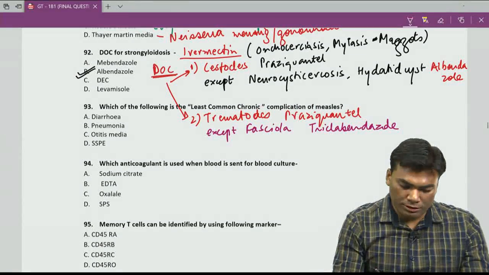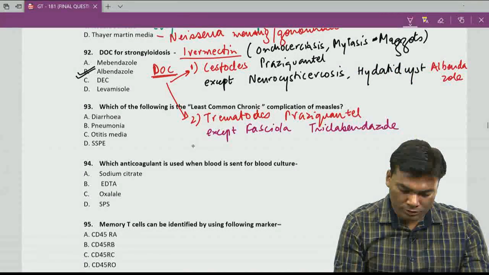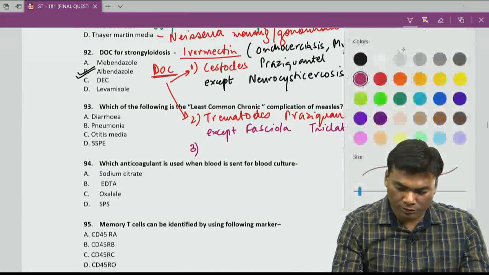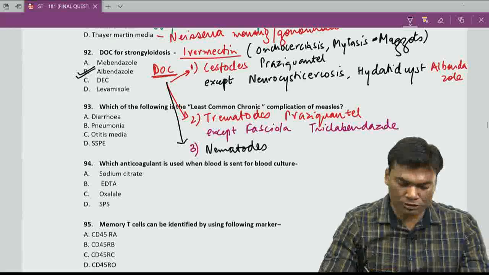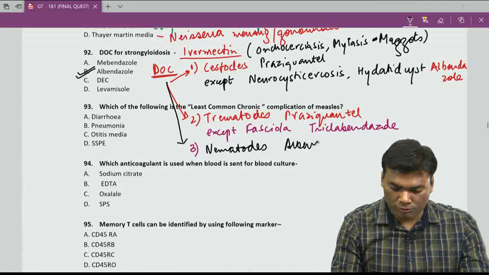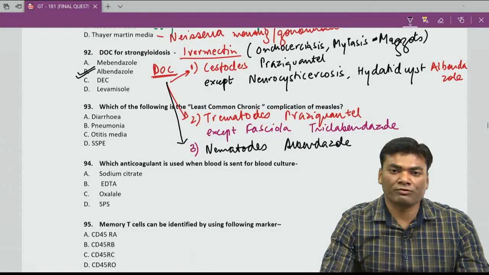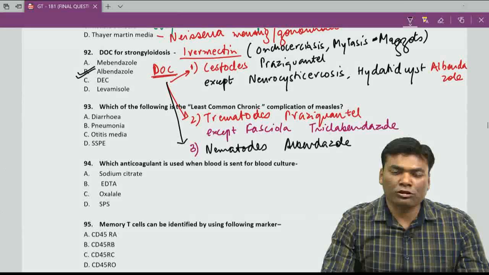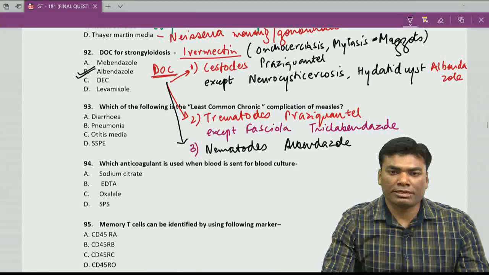Then the next thing is the drug of choice for all nematodes, also known as roundworms, right? For all nematodes, the drug of choice is albendazole. Which are included in nematodes? We have Ascaris or the roundworm, Trichuris or the whipworm, Trichinella, then hookworms such as Ancylostoma duodenale and Necator americanus.